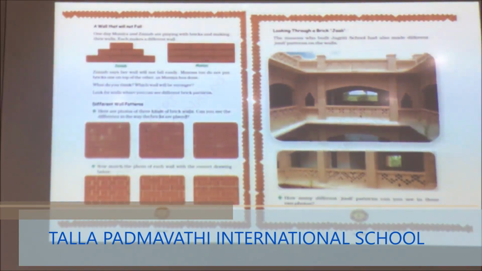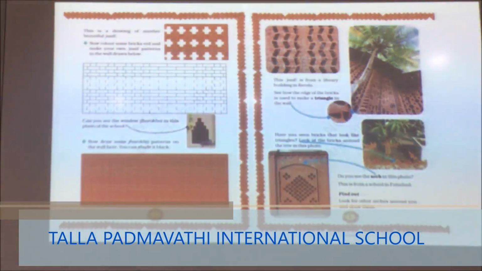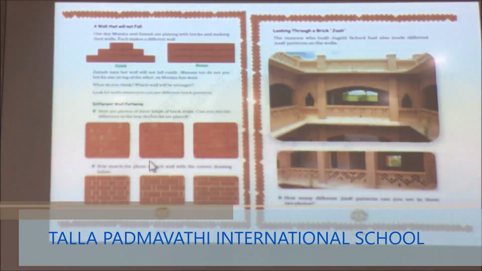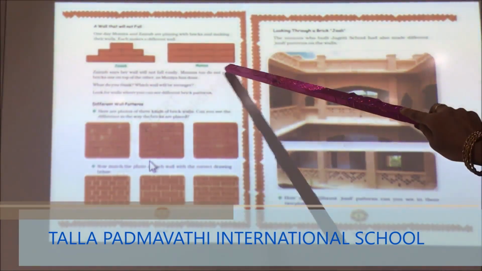Yes children, Zainab was correct. Her wall is stronger than Munia's wall. But why? Because the arrangement of the bricks of Zainab was in such a way that one brick was giving support to another brick, whereas Munia's wall was not that supportive.